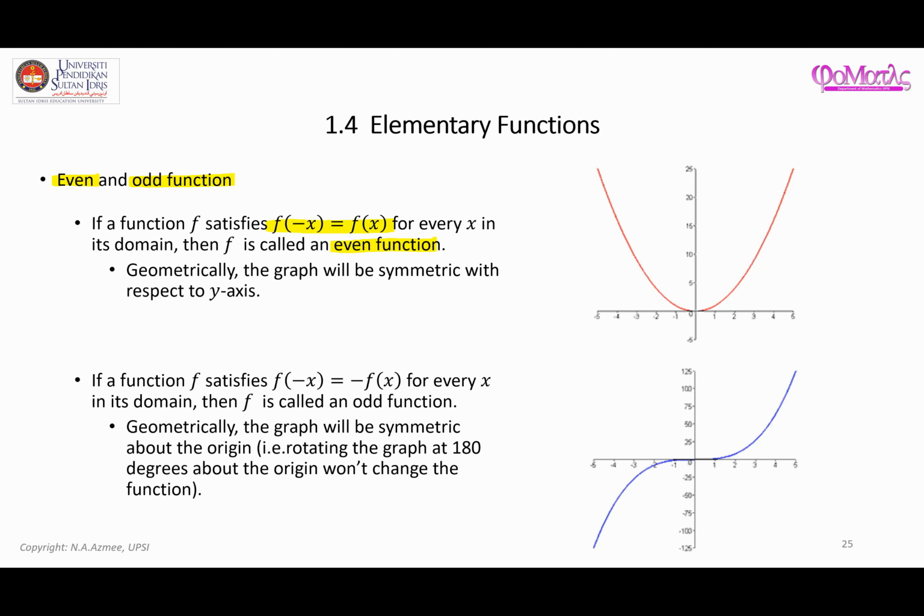An example of this is going to be given later on, but for the time being, I'm just going to talk about the geometrical aspect of it. When you have an even function, the graph will be symmetric with respect to the y-axis. So this is your y-axis, and let's say you have this part of the graph over here.